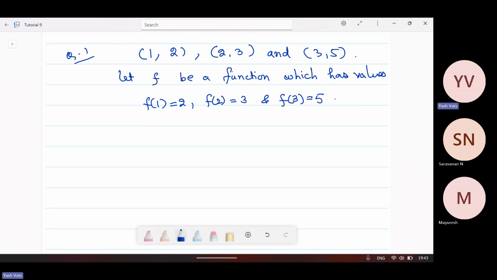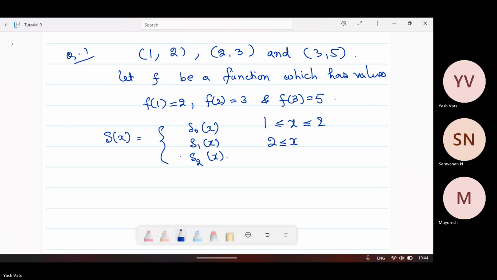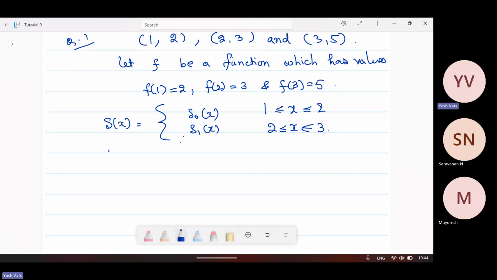So what is the way to find a natural spline? Do you remember what we do? So how many intervals do we have now? 2 only. And what is S naught of x?